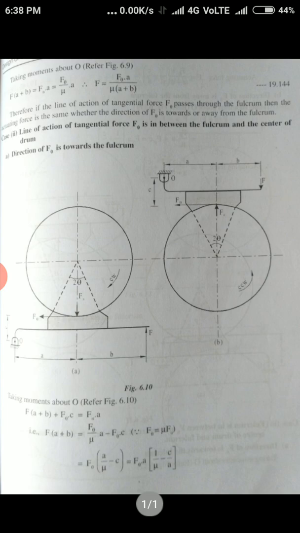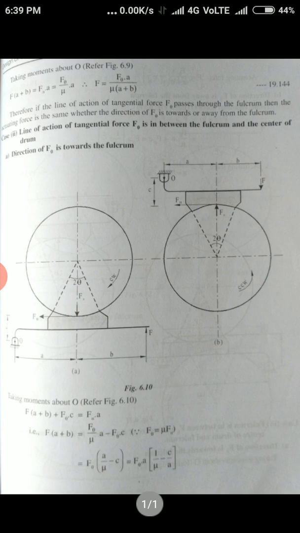Now coming to figure B, again the F theta lies between the fulcrum O and the center of the drum, the drum rotates counterclockwise, and F theta is moving towards the fulcrum. These are the sketches you can see in the table in the data handbook.